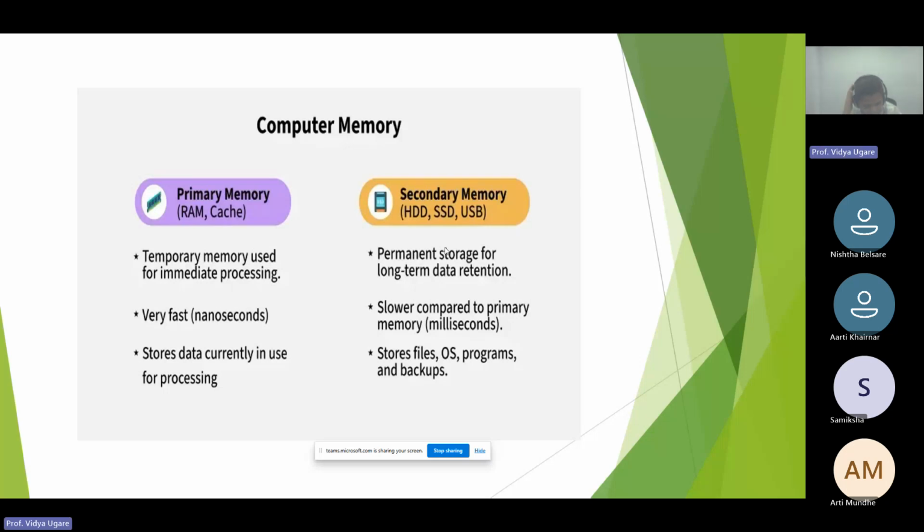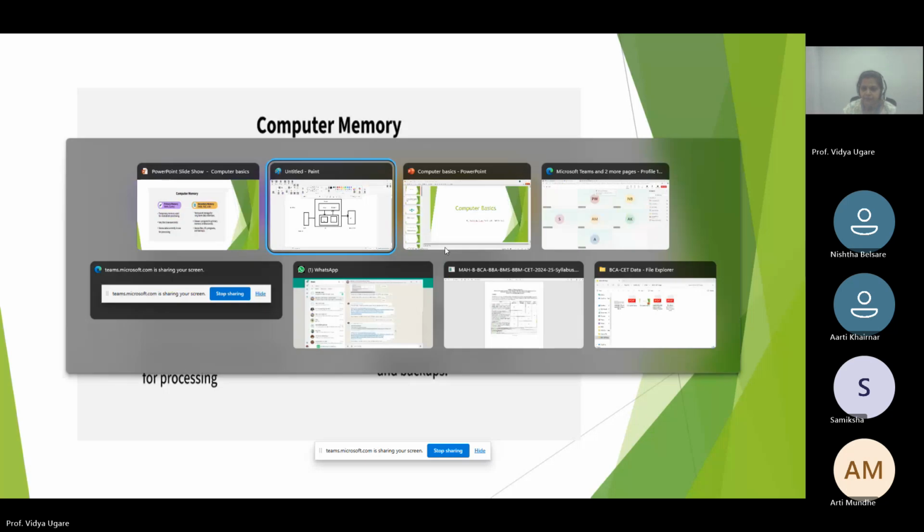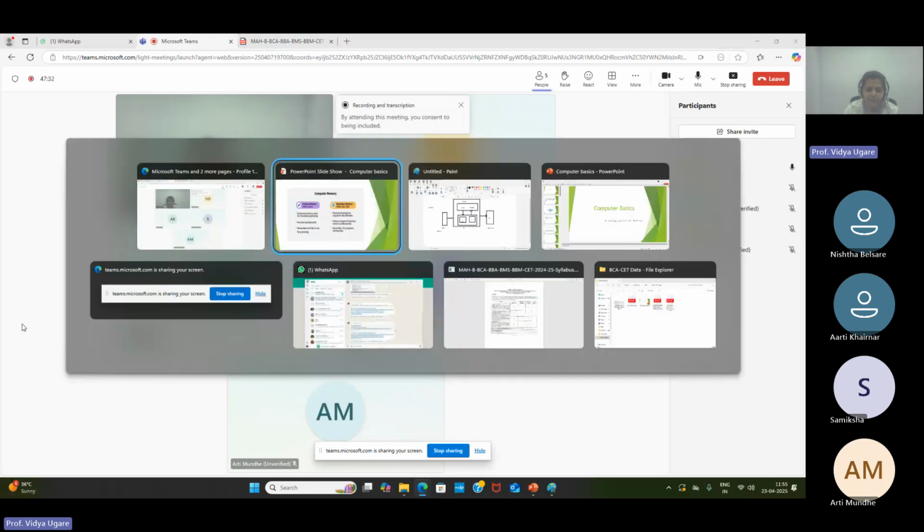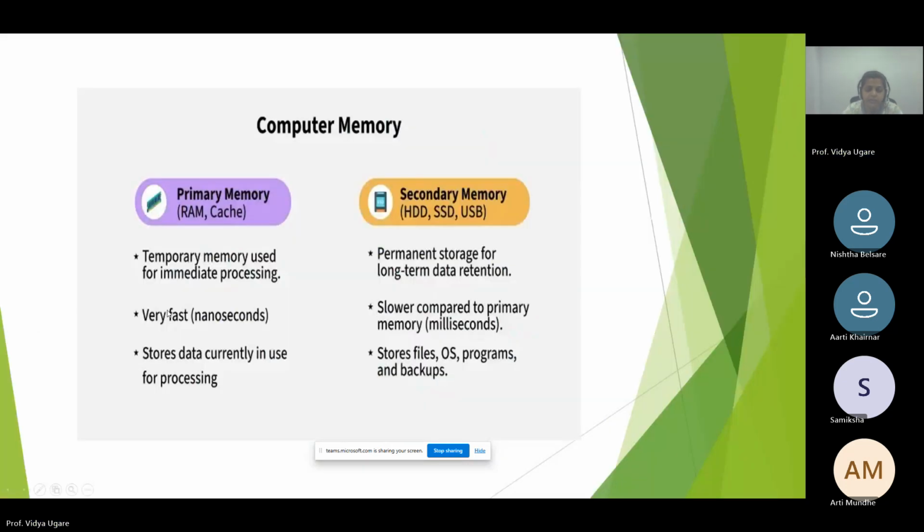If I remove the 4 GB RAM and I have a 500 GB hard disk, will the computer start? No, it will not start. It is a mandatory memory for your computer.